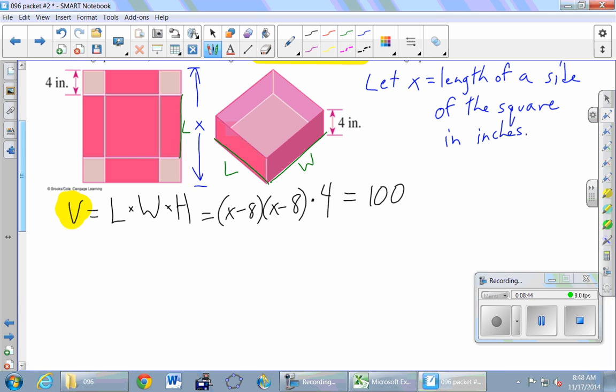Okay, x minus 8, x minus 8. Can we distribute that through? Lobster claw or FOIL somehow. So this becomes x squared minus 8x minus another 8x plus 64. And then that times 4 is there at the end.